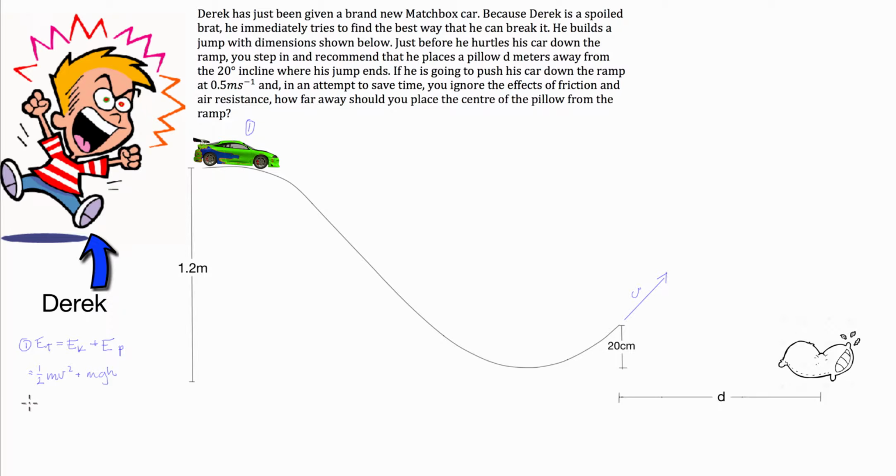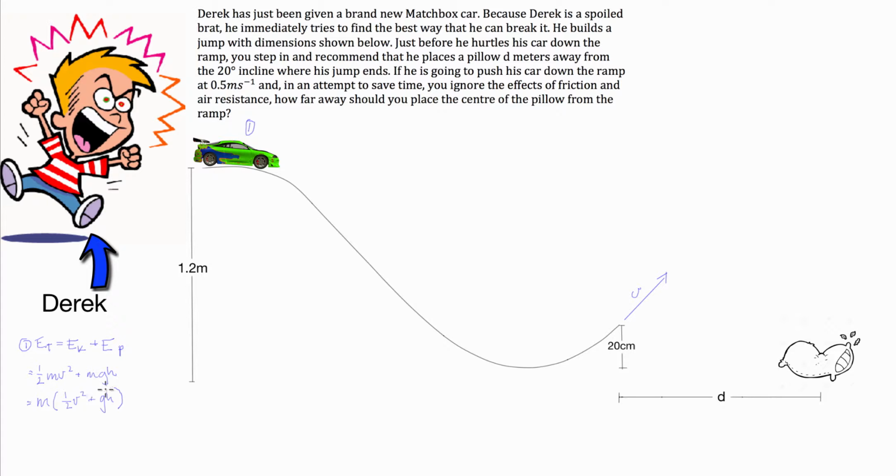We're going to factorize this entire expression by m, so it's m outside of 1/2 v squared plus gh. Basically we're going to have a total energy in terms of m.